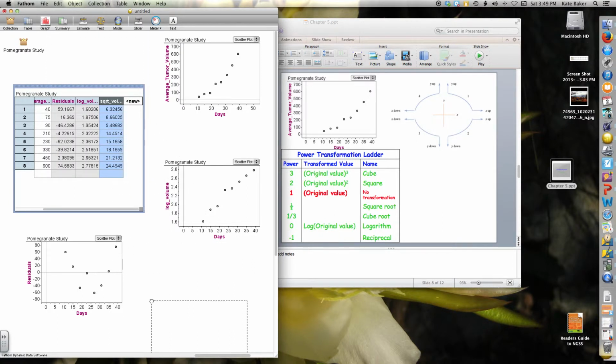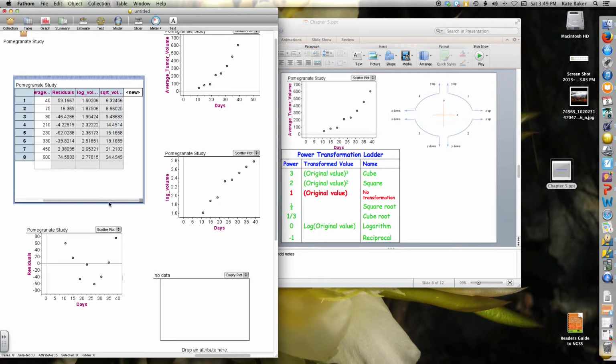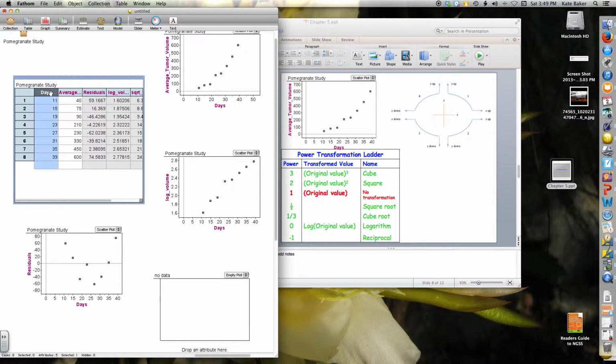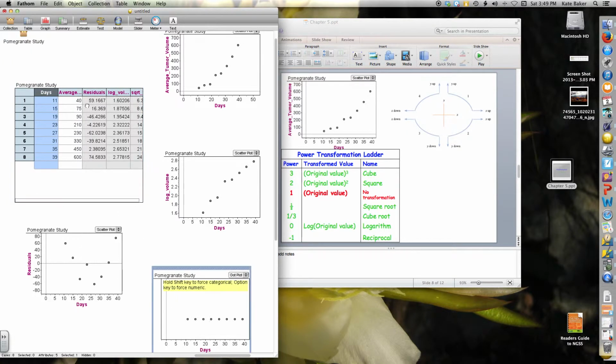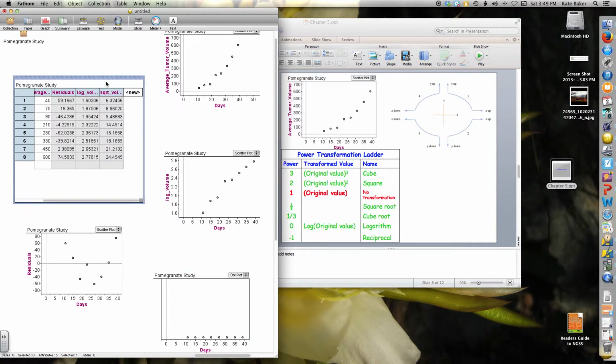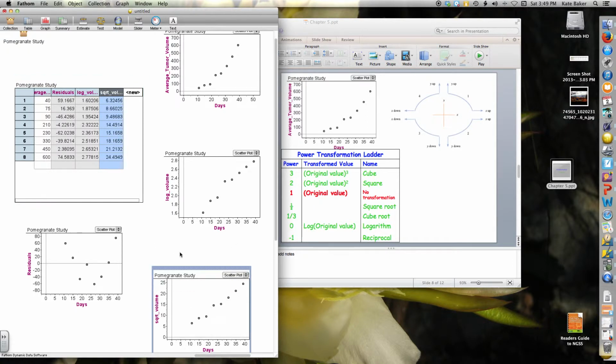Pull another graph down here. Square root of volume. Those both look pretty good.